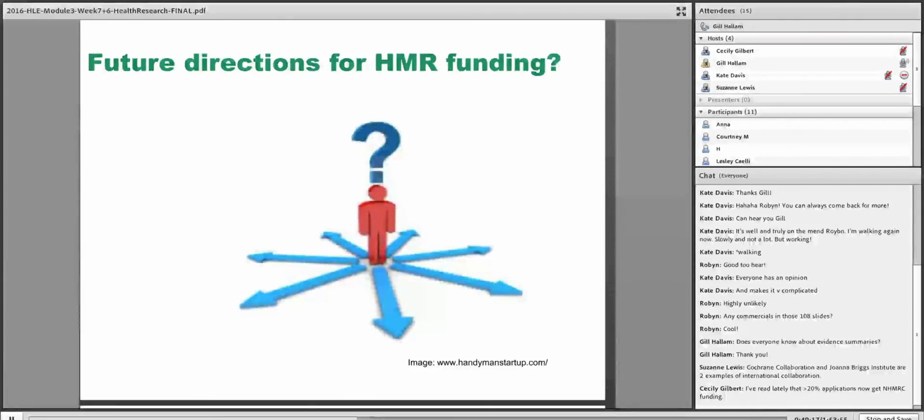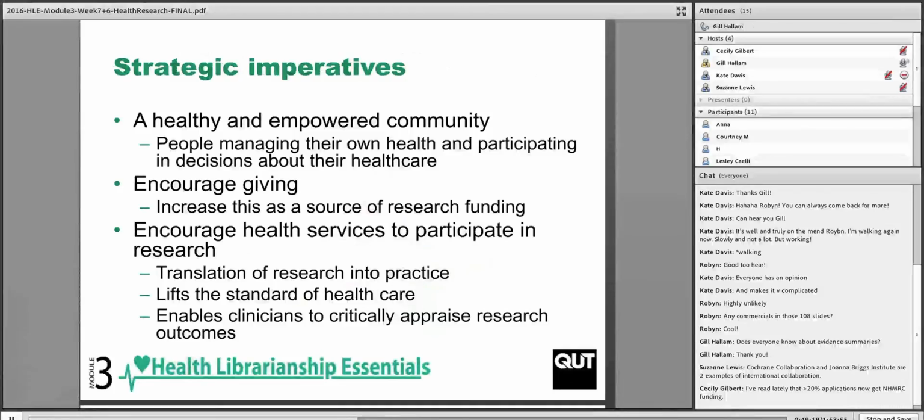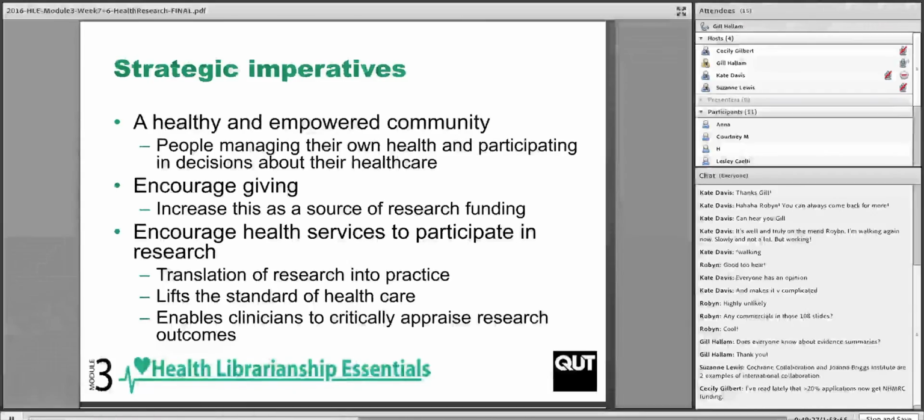In terms of future directions of where the funding might go, a number of reports have been presented in recent times about how to improve some of those areas. We are becoming much more aware, and that came out in week 1, of the need to understand that the consumer is taking a stronger understanding of their own health and wanting to participate in decisions about their own healthcare.